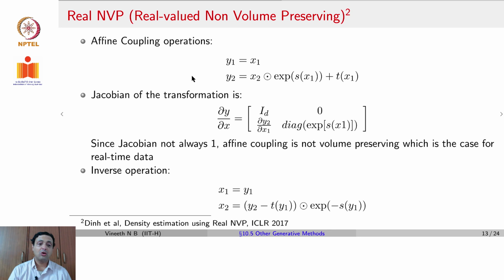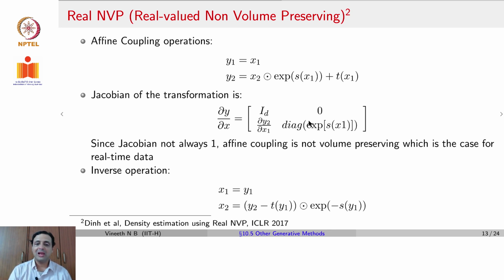The Jacobian of such a transformation would still be a lower triangular matrix because y1 does not depend on x2, x3, so on and so forth. Similarly, y2 does not depend on x3, x4 and so forth.